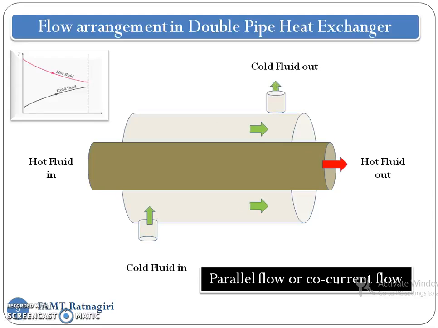and as heat exchange occurs, we have changes in the temperature of the hot fluid and the cold fluid. Here the hot fluid gives its heat to the cold fluid, that's why its temperature goes on decreasing, and the cold fluid gains heat from the hot fluid, that's why its temperature, initially we have a lower temperature, and at the end we have a somewhat larger temperature than the initial.